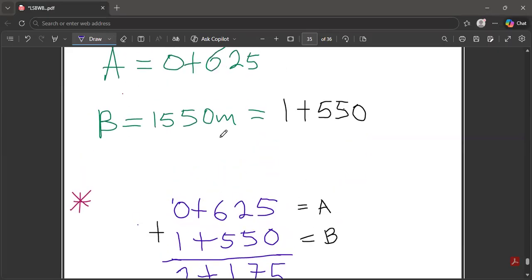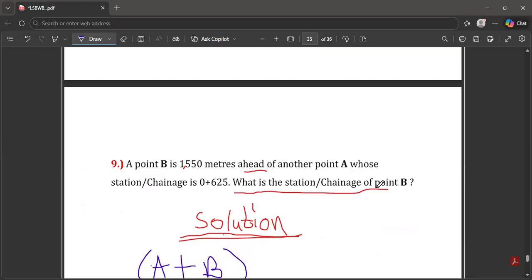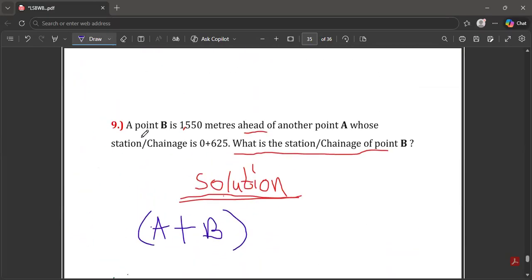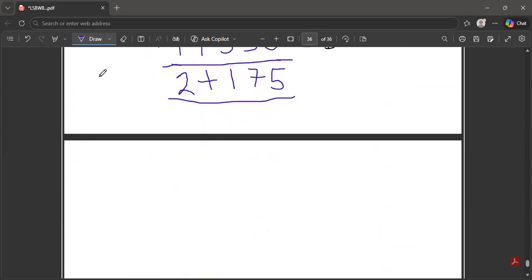So let me conclude. The question says, what is the station of point B? Station and Chainage are the same thing.